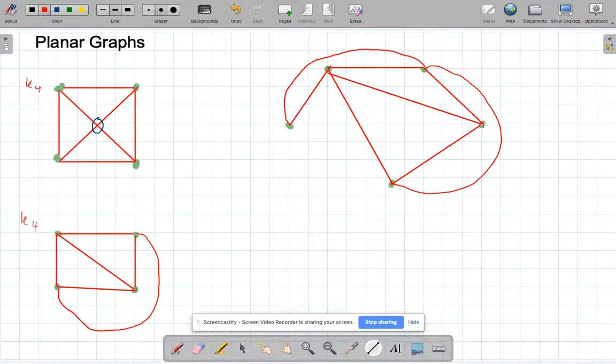But I obviously can't go from here to here without doing a cross. I can also do that. I can't go to here without doing a cross. So I'm almost there, but I can't do it. Now, K5 is not possible to do as a planar representation because we're missing this one.